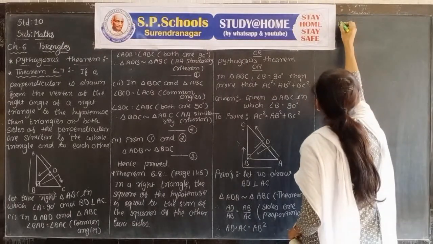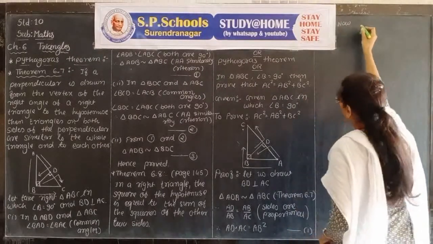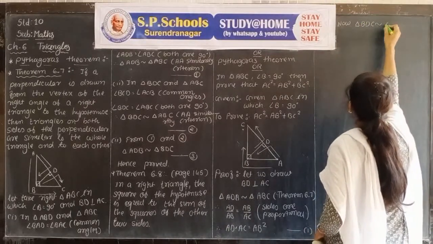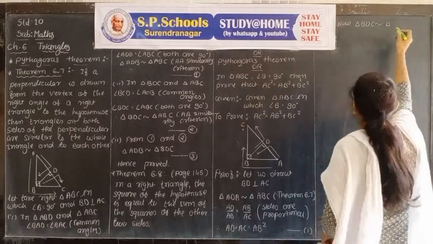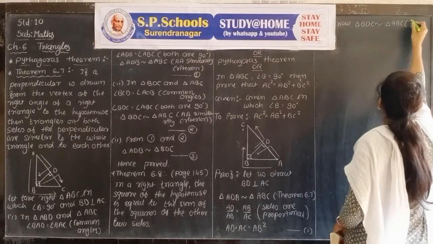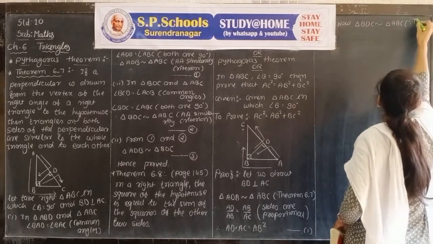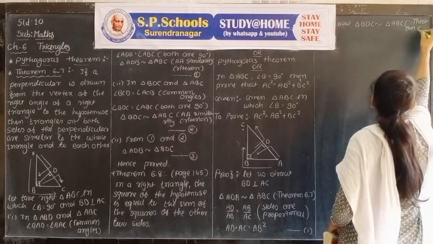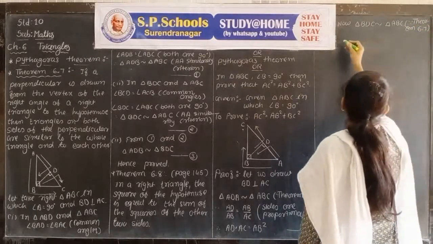Now triangle BDC is similar to triangle ABC by theorem 6.7.